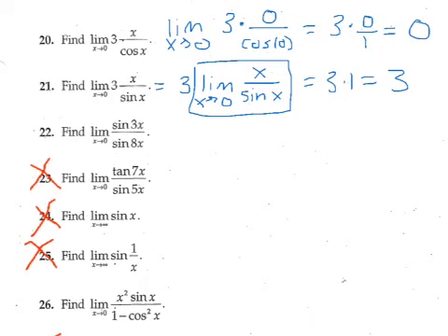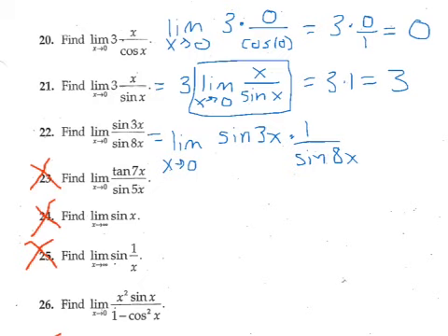For 22, we need to break up the function first and then try to use our theorems to help us solve it. So first, we have the limit as x approaches 0 of sine 3x times 1 over sine of 8x.